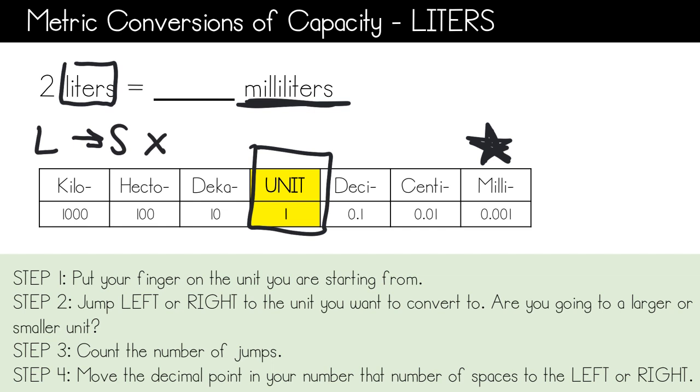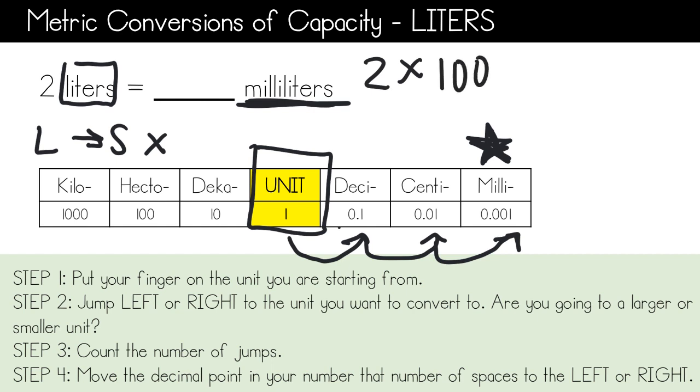Let's see how many jumps we're going to do. 1, 2, 3. So we are multiplying 2 times 10, 100, 1,000. Because 10 times 10 is 100 times 10 is 1,000. So 2 times 1,000 equals 2,000.